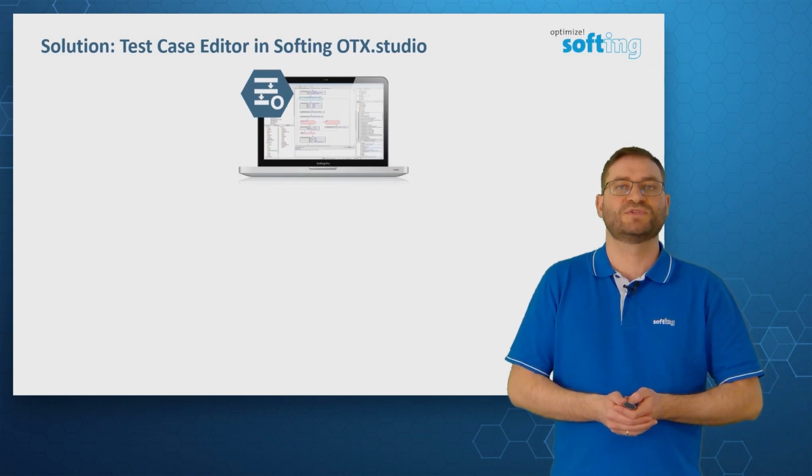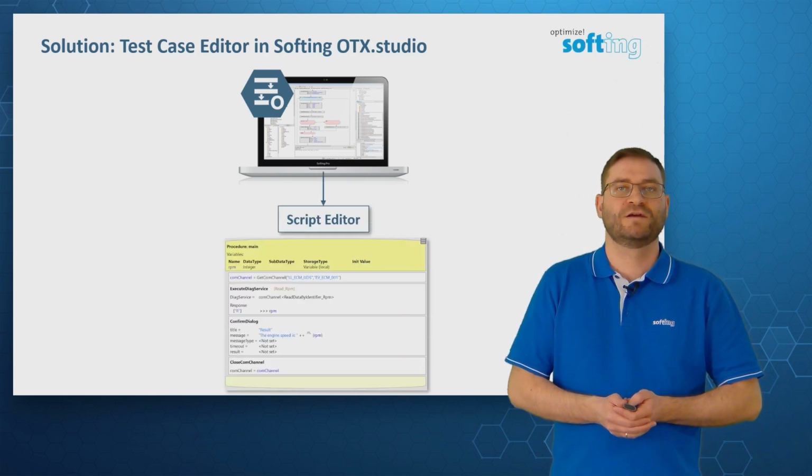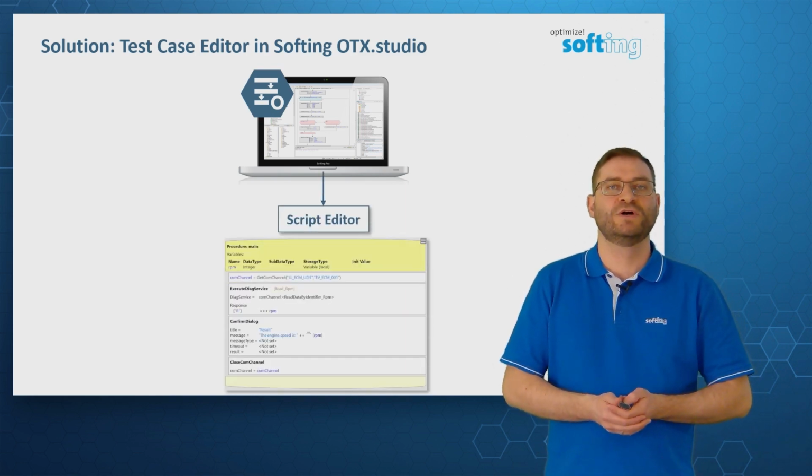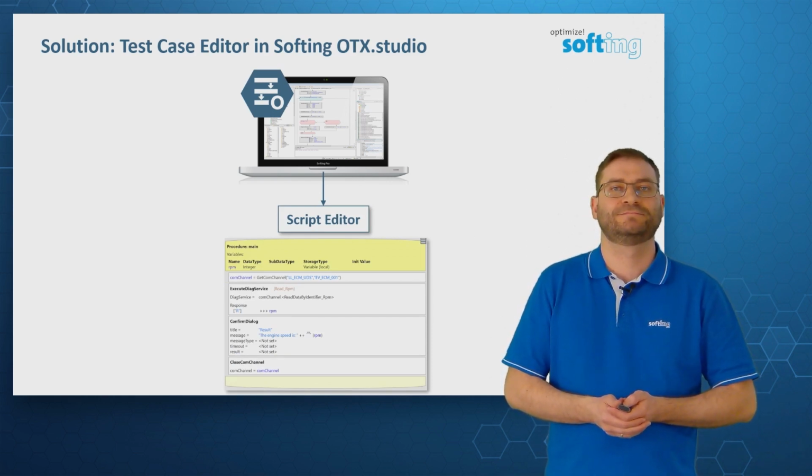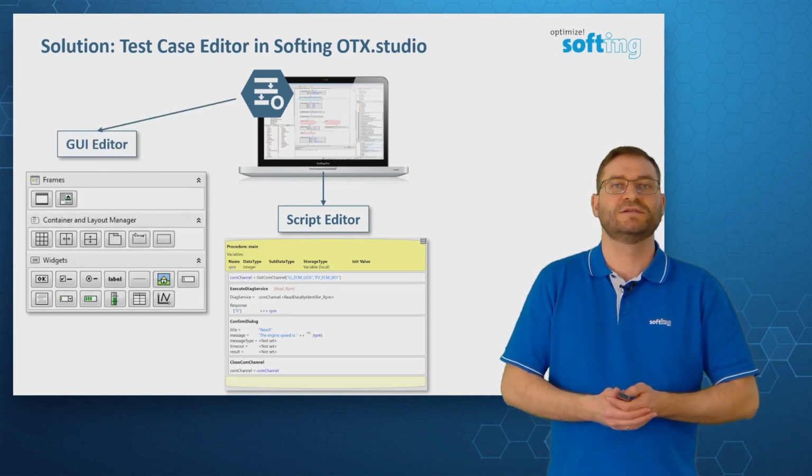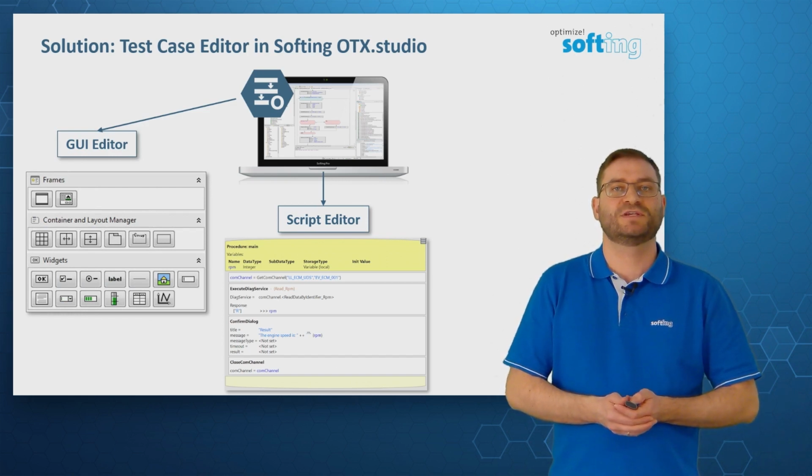Our solution from Softing's side is the test case editor in OTX.studio. From a previous video, we already know the script editor, where we program line by line. Another editor is the GUI editor, which allows us to create graphical user interfaces.